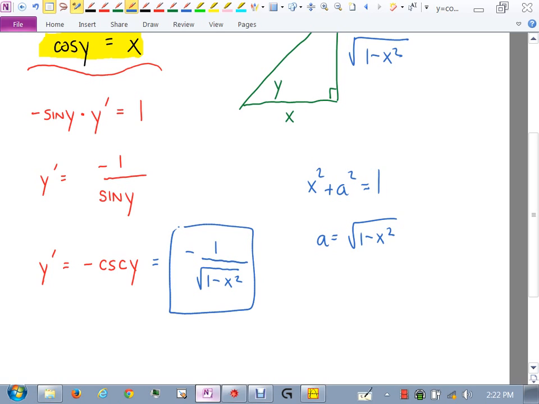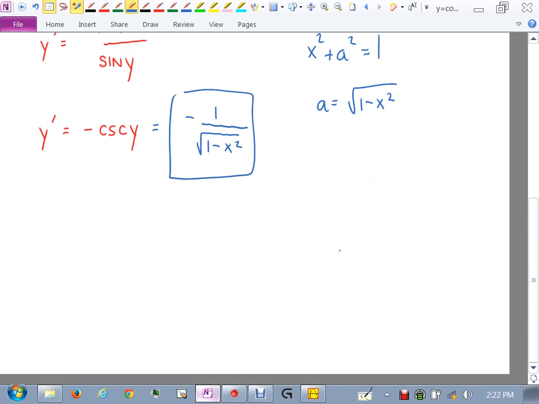Now, what I did not specify here is all the little restrictions on domain and stuff. There's a good summary on page 183 in the book. It summarizes all the derivatives of all 6 inverse trig functions.